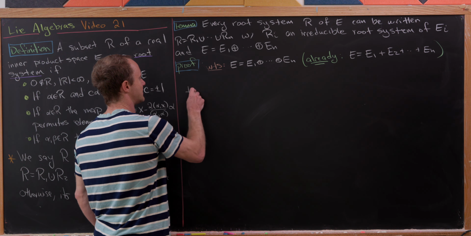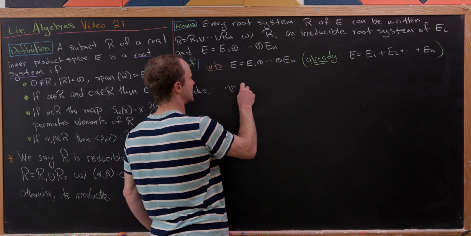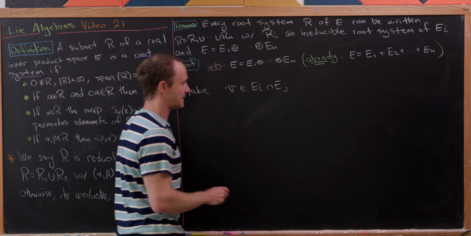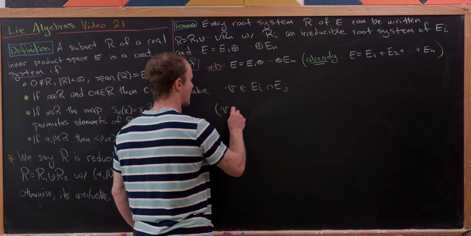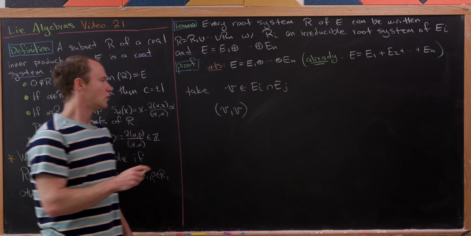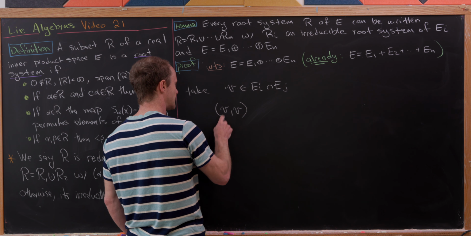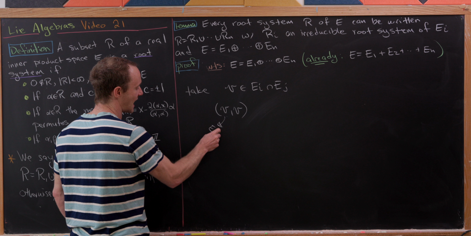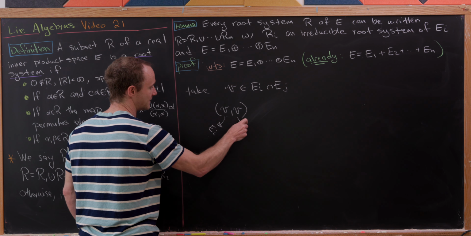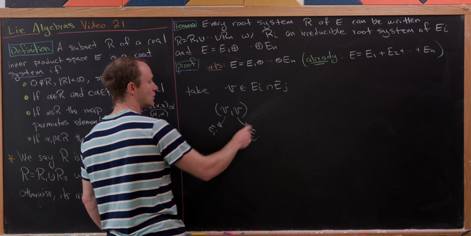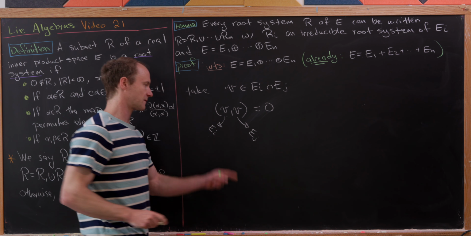So let's take a vector V from EI intersect EJ, and then look at the inner product of V with itself. Looking at V inside of EI on this side, and then looking at V inside of EJ on this side, will tell us that we get 0 here.